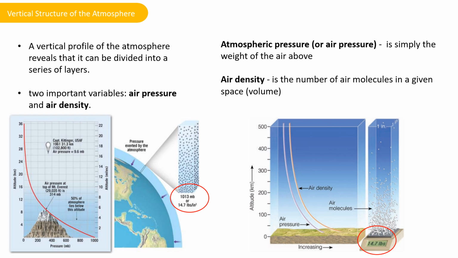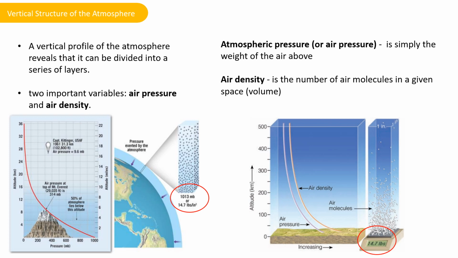So if atmospheric pressure is simply the weight of the air above, that means the more air molecules, the more weight it has. So the air pressure and air density go together.